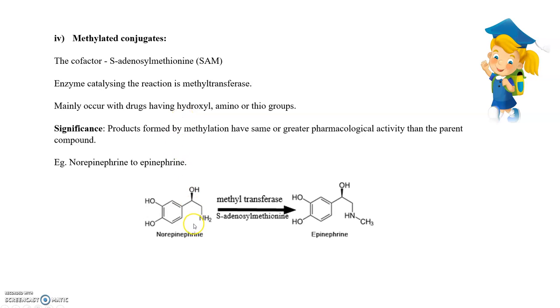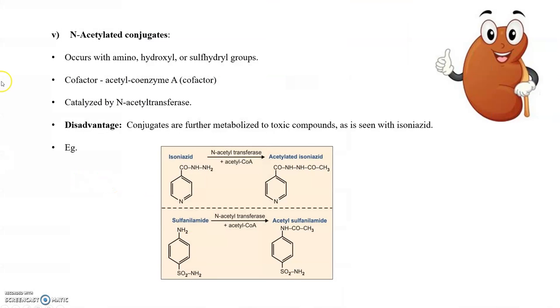And the thing to note here is that through this conjugation reaction, the parent drug is made more active. Okay, so that is the problem here. The final product that is to be eliminated is pharmacologically more active. A bioactive compound is obtained. Okay, so the last one is the N-acetylated conjugate.